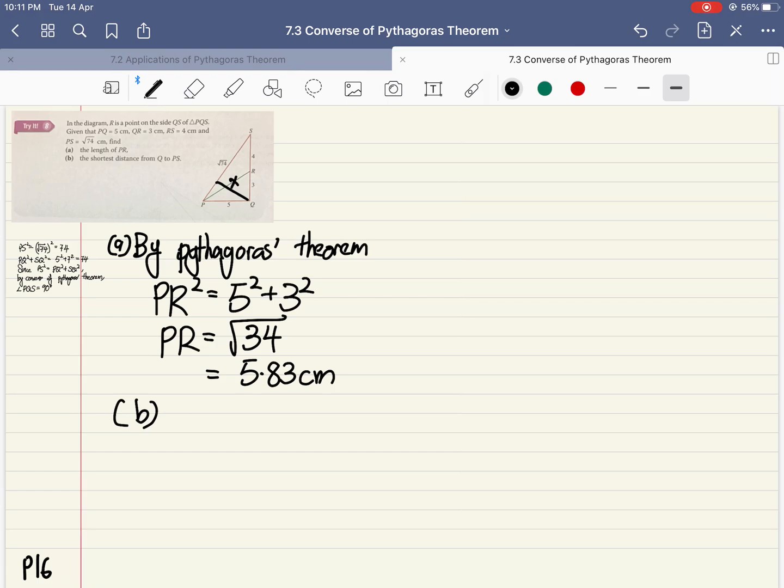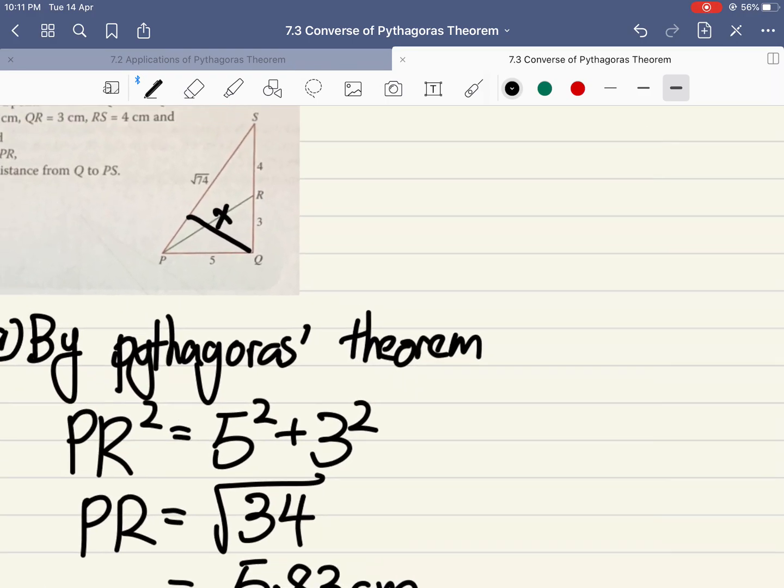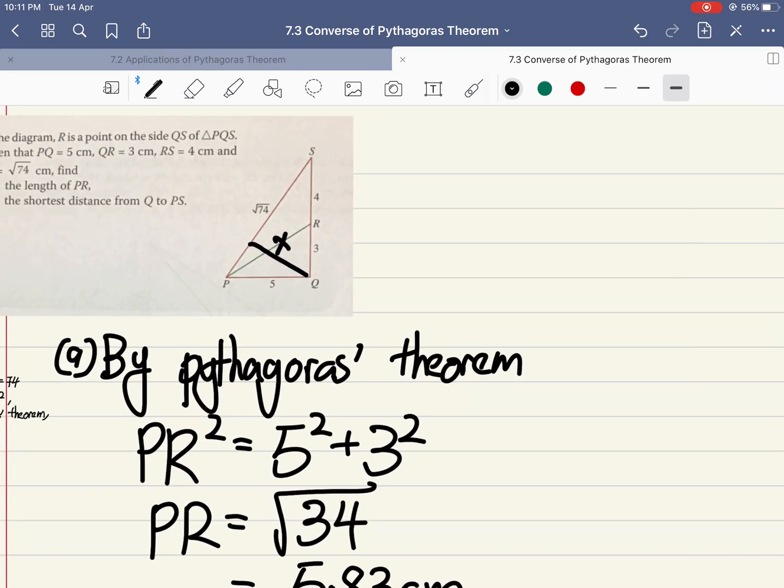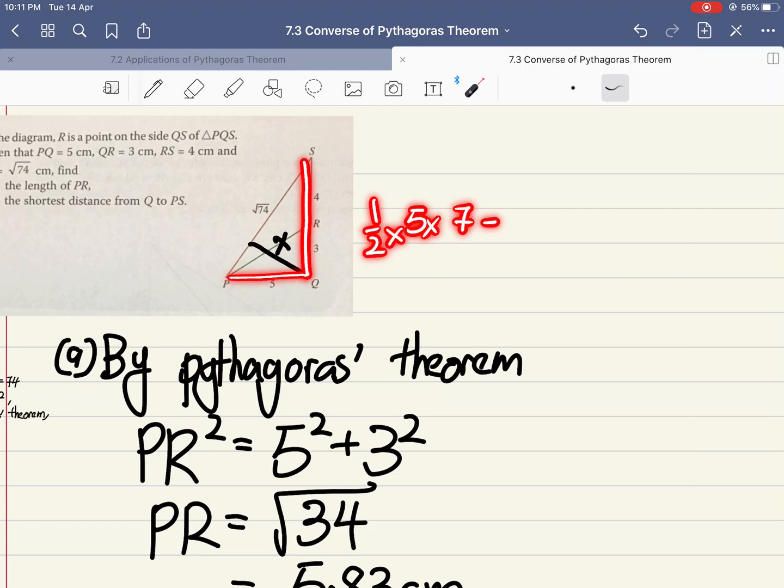Now what I can do here is this. One thing about a triangle is no matter how you look at it, the area doesn't change. So for example, if I use PQ as the base, my height will be QS.